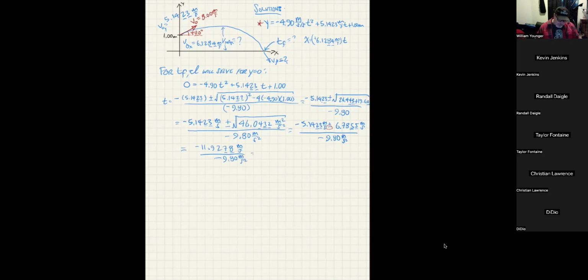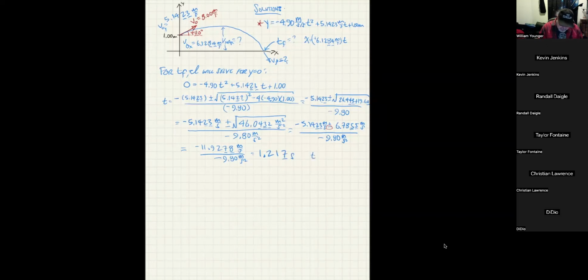So we'll see how it works out. I'm going to divide that 11 blah, blah, blah by 9.8. And I get 1.21. That's 4 sig figs divided by 3. So 1.21 is all the sig figs I'm allowed. I'll put the extra 7 there, and that's actually seconds.